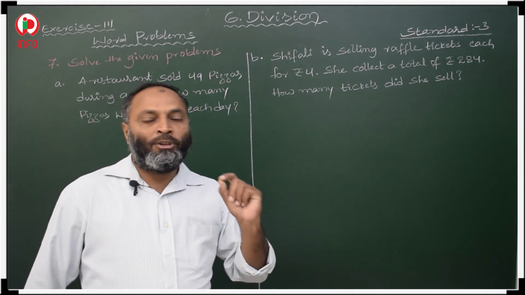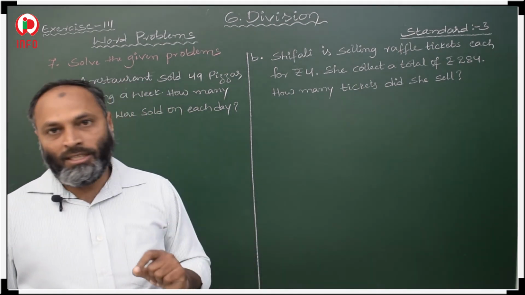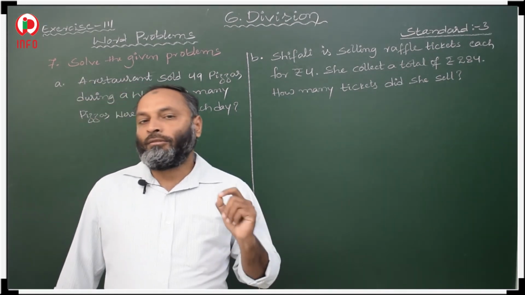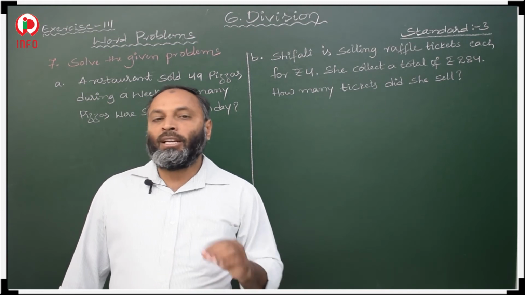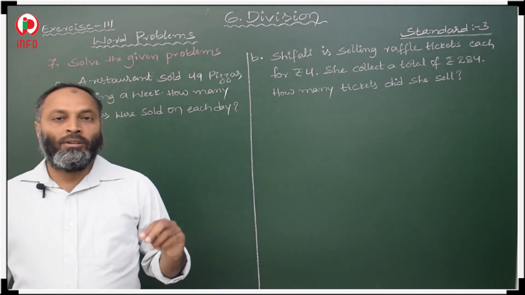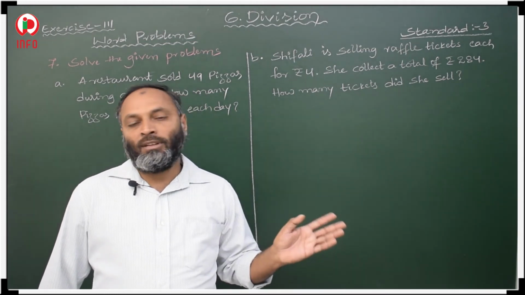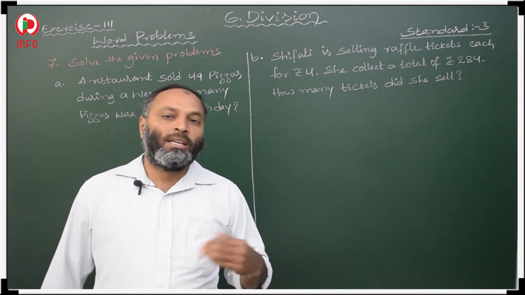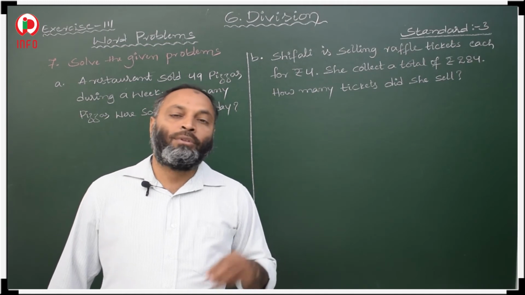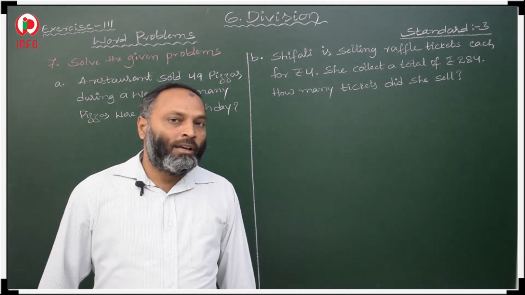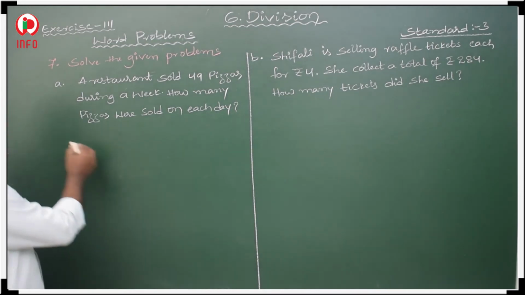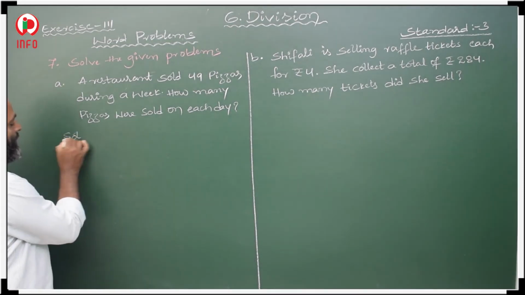So, he has given about a week, that means 7 days. So we have to find 1 day. In 1 day, how many pizzas are they going to sell? Here he has given a week and is asking about 1 day. It means we have to divide. First we have to write the steps.